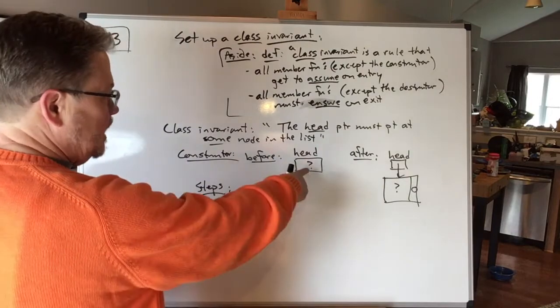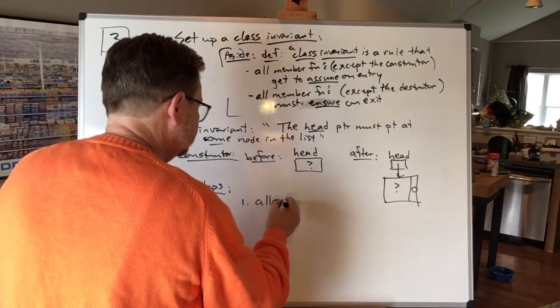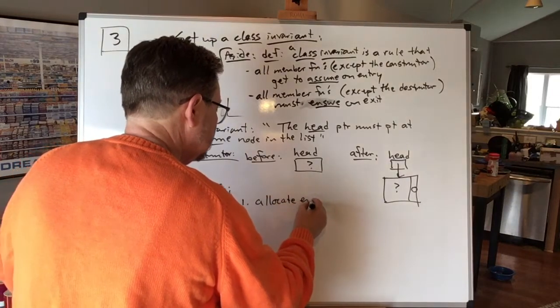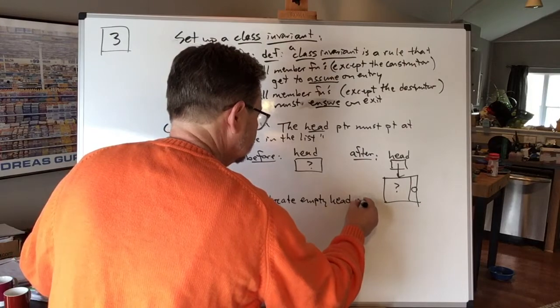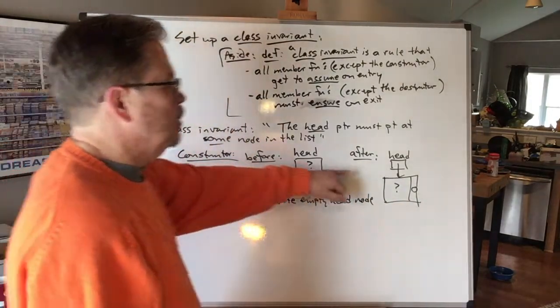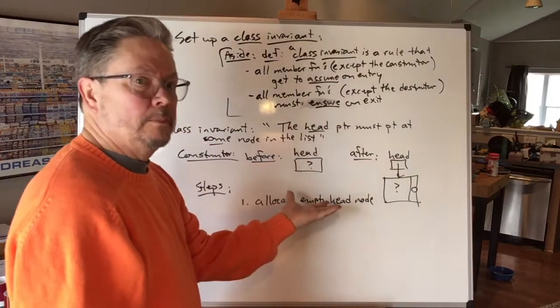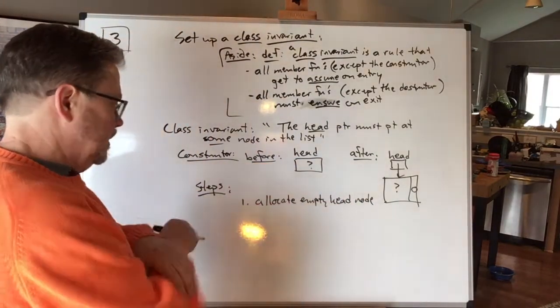Step 1, we got that for free. There's nothing to do there. I'm going to say allocate the empty head node. That's the first step of going from the before picture to the after picture, and that's why we have pictures, so we've got something to refer to and make sure we don't leave anything out. Have I left anything out?